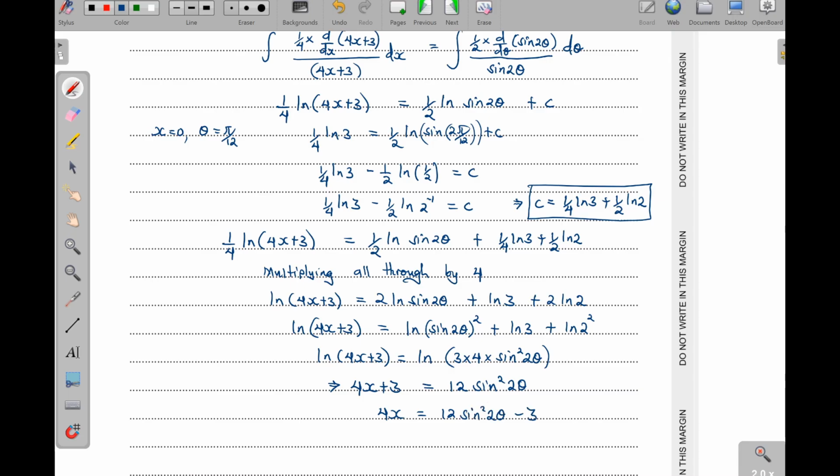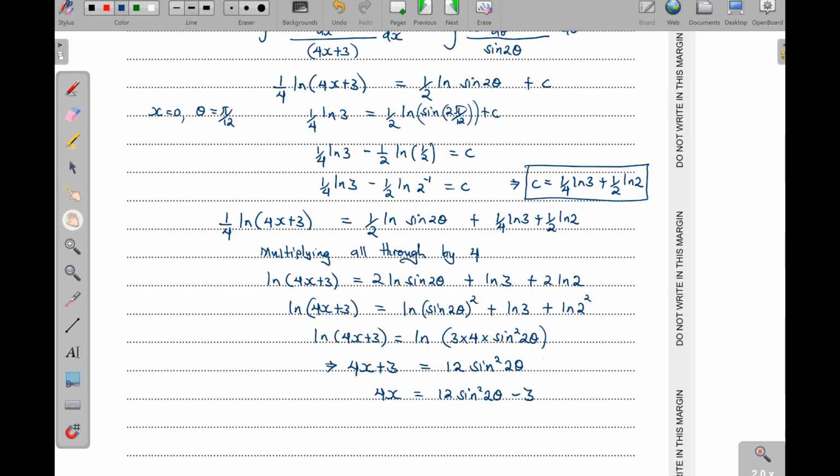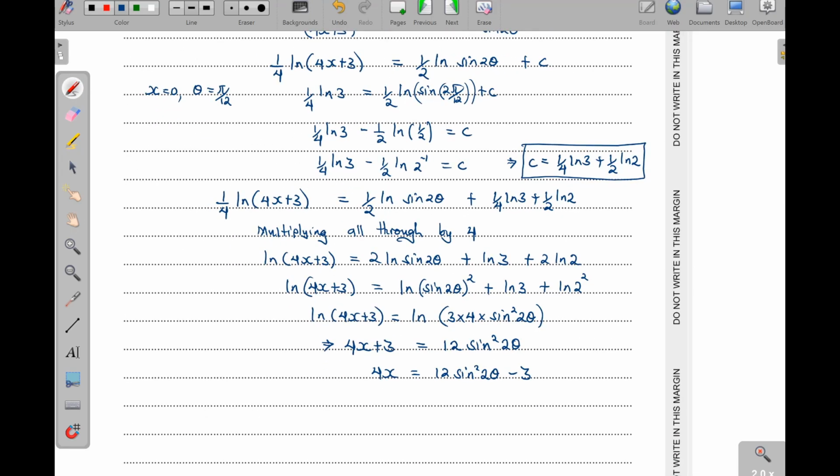We subtract a 3. And then finally, our x is going to be, when you divide all through by 4, 12 over 4, you get a 3, not so? So 3, then sine squared 2 theta, then minus 3 out of 4. As simple as that.